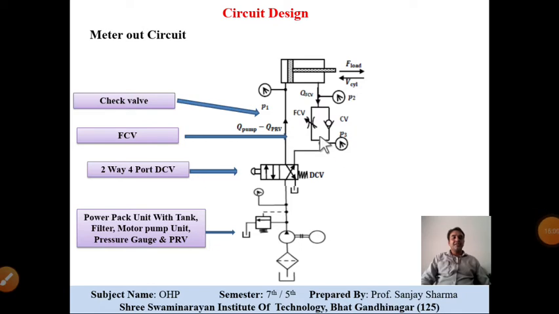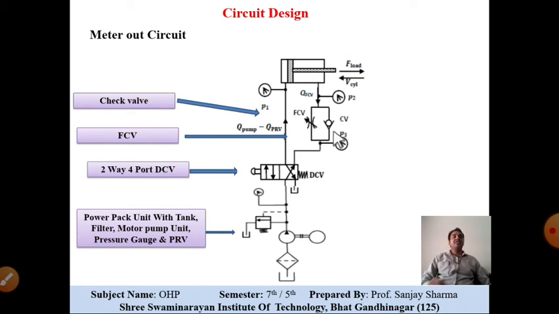So here you can see the flow control valve is placed between the direction control valve and the inlet of the retract port, or you can say the outlet of the extending port, or B port. So this is the difference between meter out and meter in, the arrangement or location of the flow control valve.